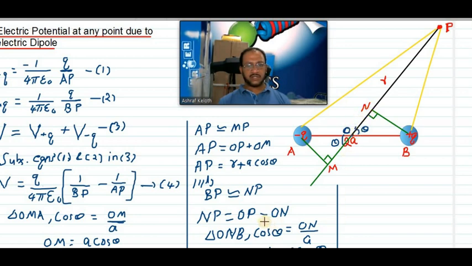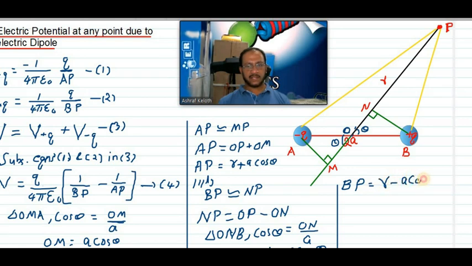NP and BP are approximately the same, so instead of NP we write BP. BP is equal to R minus A cos theta.